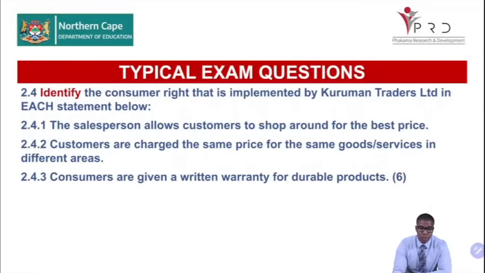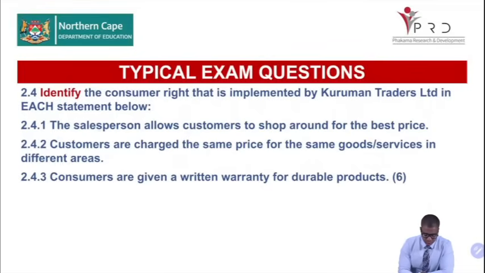And then 2.4.3 says consumers are given a written warranty for durable products. Now, your responsibility is to identify the consumer right that is applicable according to the Consumer Protection Act.